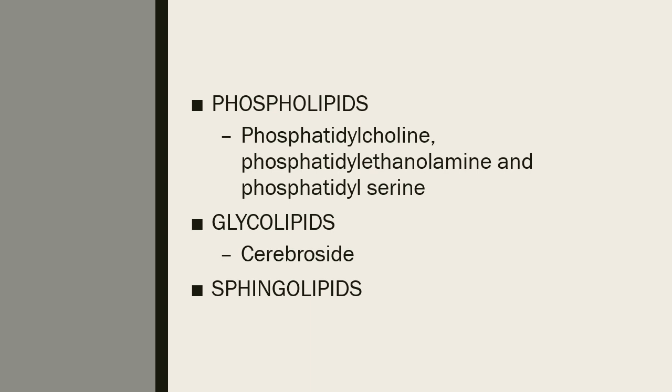Other than that, you have your cholesterol. Cholesterol is an essential component of your cell membranes. It plays a role in the myelin sheath and in maintaining your membrane fluidity.